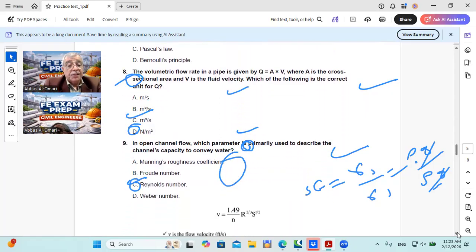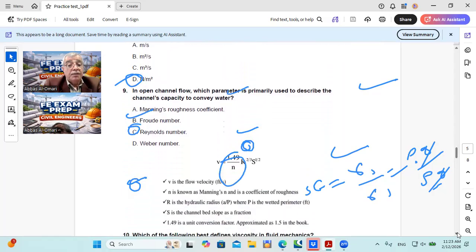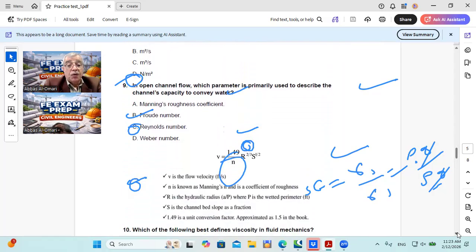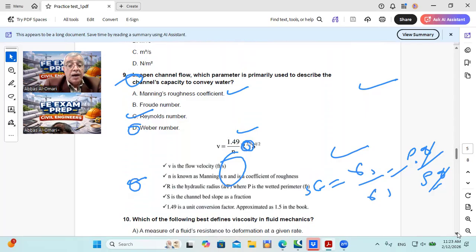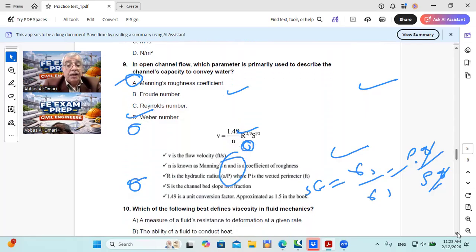Now the next question. In open channel flow, which parameter is primarily used to describe the channel capacity to convey water? In open channel flow, this is the Manning equation for determining velocity: V equals 1.49 over n, R to the 2/3, S to the 1/2.